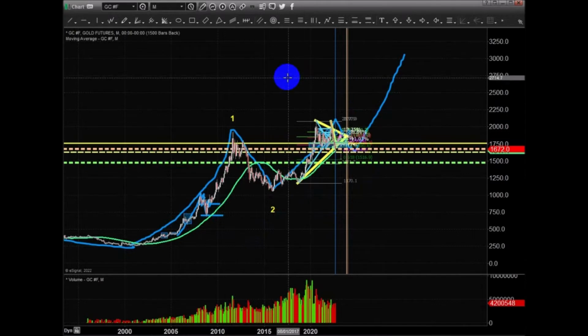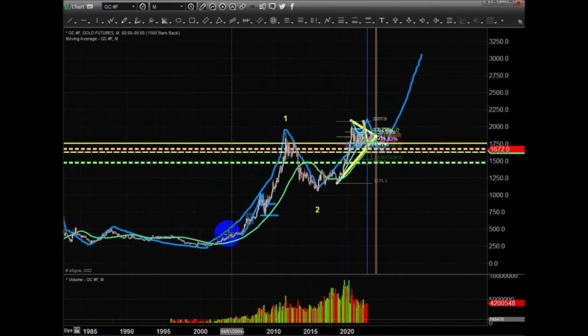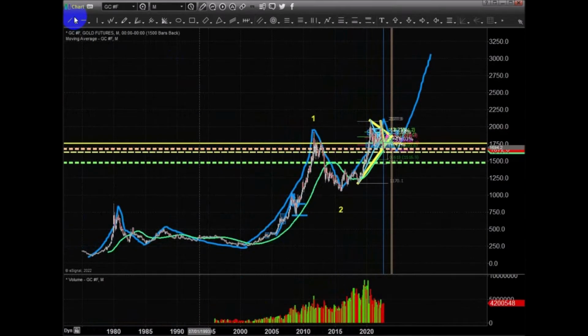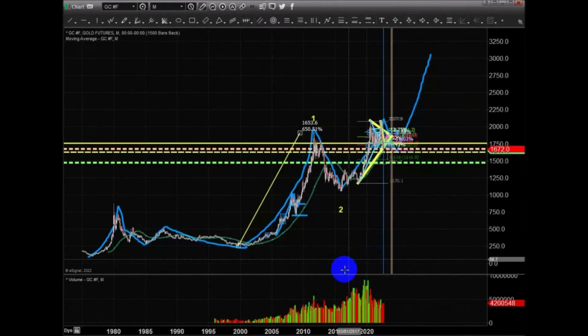This is a tremendous opportunity in the long run, because if you take a look at these extensions from this low to this high, if we were just to move from these lows back here up to this high here, understand that that is, from a percentage standpoint and price standpoint, a 650% move.